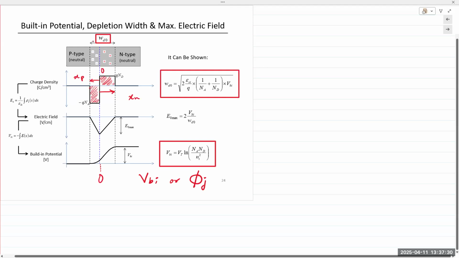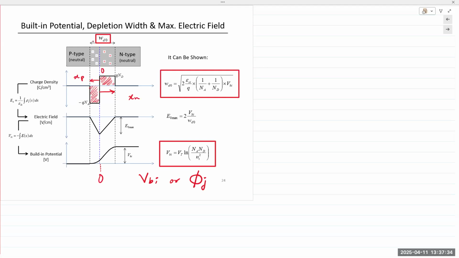But VBI is the built-in junction potential, and this junction potential is near constant for every semiconductor material. So it's a material property, and it stays constant across all kinds of doping profiles.